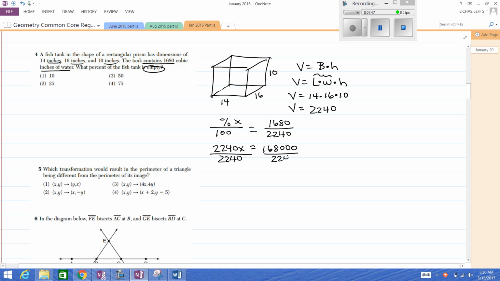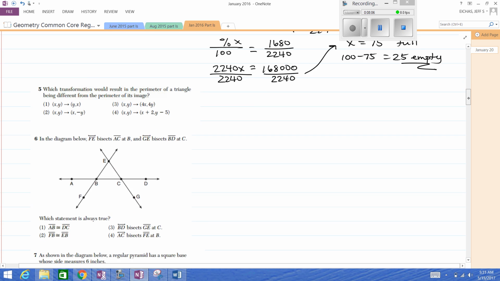And divide. We're going to end up with the percent is 75% full. So 100 minus 75, we've got 25% empty. So be careful, little trick there.